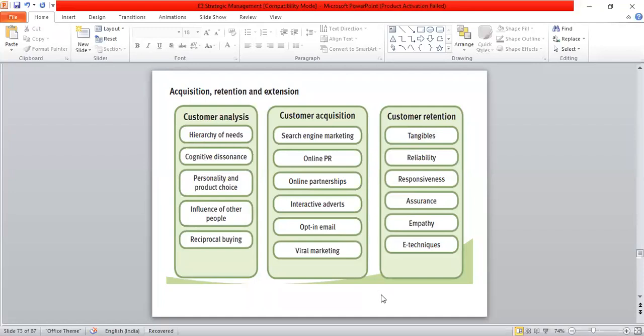So for customer retention, the first one we have here is tangibles. Tangibility means the physical presence is there.